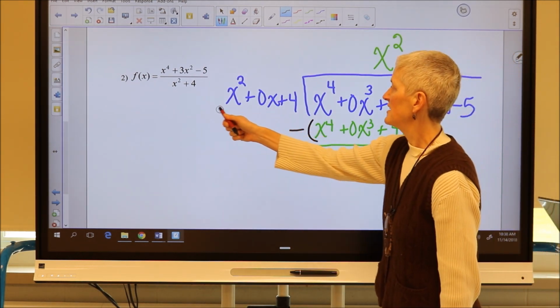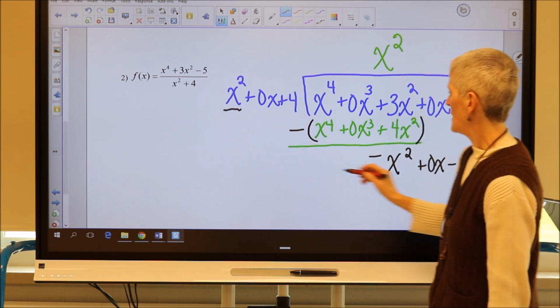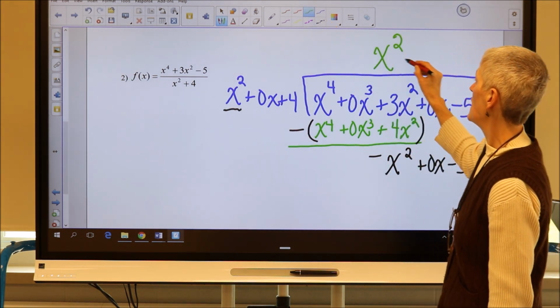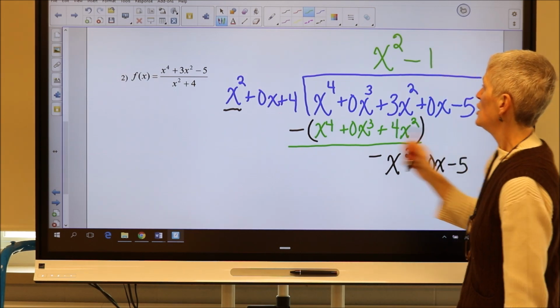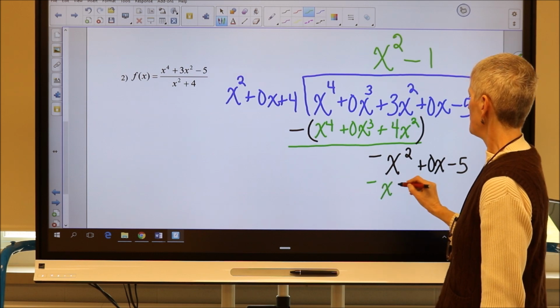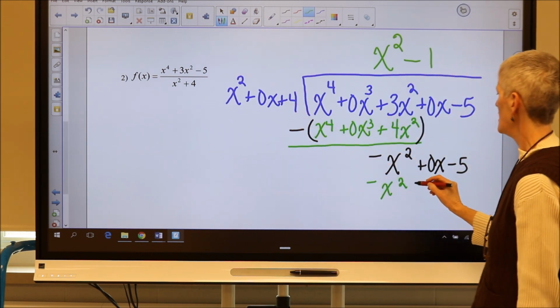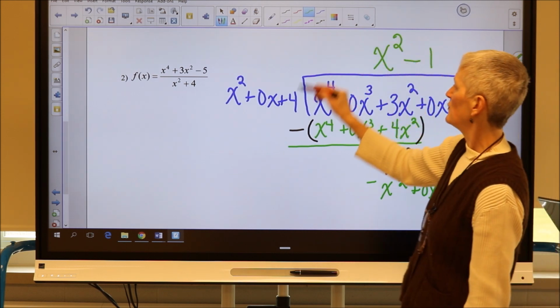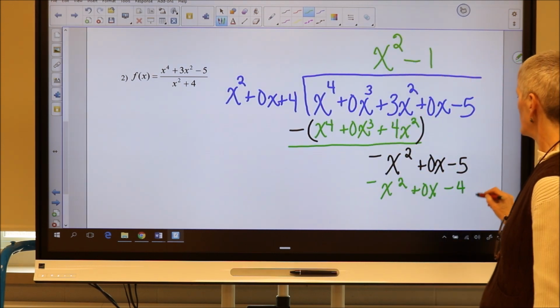Let's start the process again. X squared times what is negative x squared? A minus 1. So negative 1 times x squared is negative x squared. Negative 1 times 0x is 0x. Again, I didn't really need that. Negative 1 times 4 is negative 4.